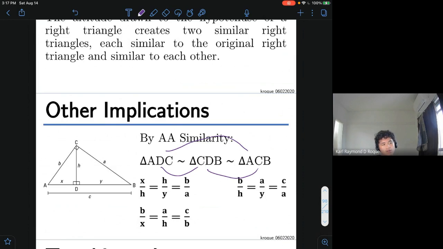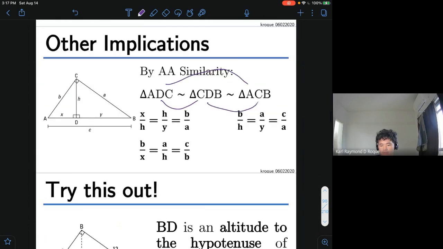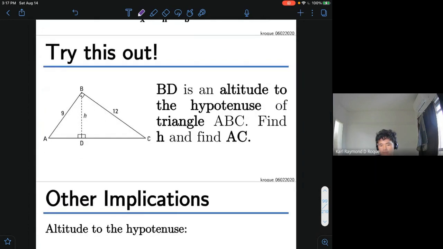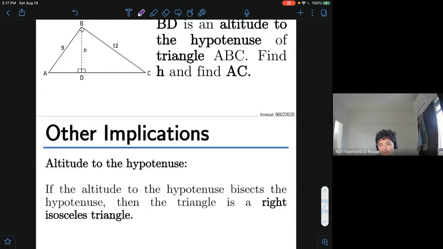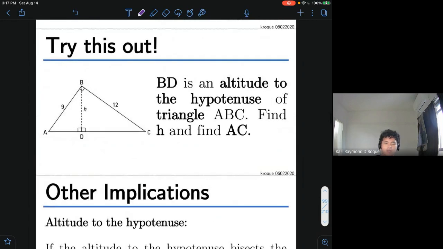Those are the relationships you can form. Try it out on your own. Let's skip this. By similarity, 9 over h equals h over 12. I hope you got that.